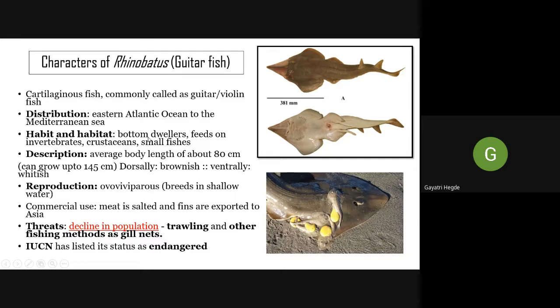Remember this point. Okay, these fishes are bottom dwellers and they feed on invertebrates, crustaceans, and small fishes. Remember, all the fishes belonging to Chondrichthyes are carnivorous fishes. So they will either feed on small fishes, crustaceans, and other invertebrates. Okay.